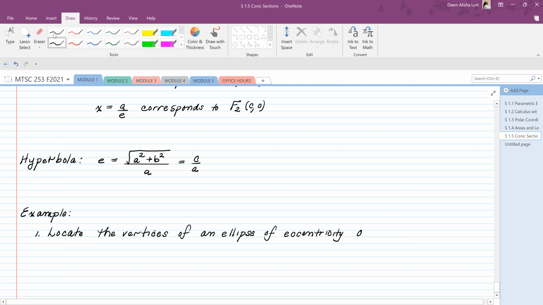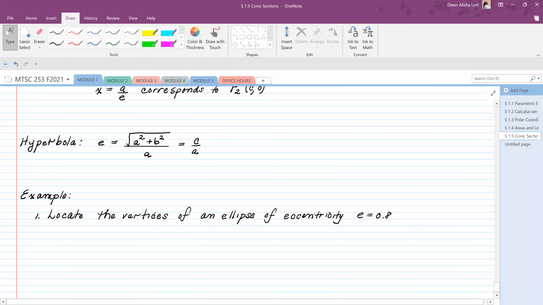So e is equal to 0.8. Okay, so this ellipse is kind of flat.